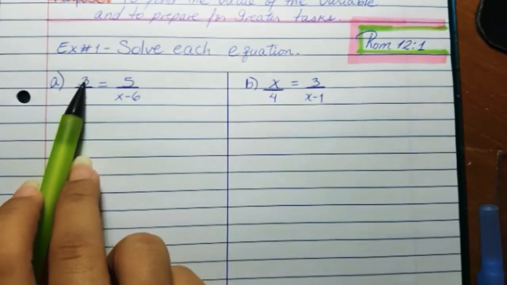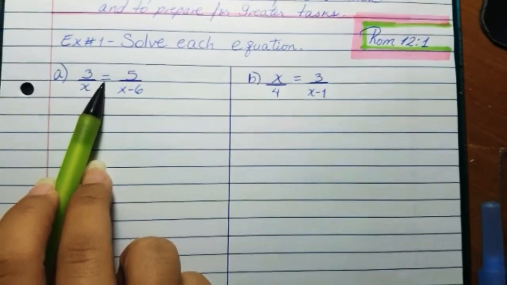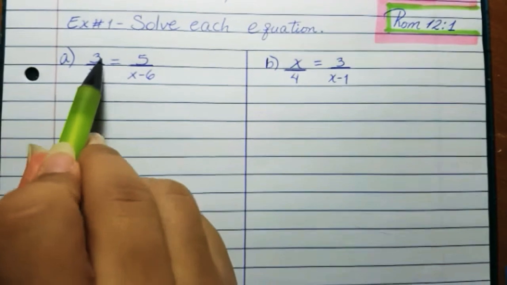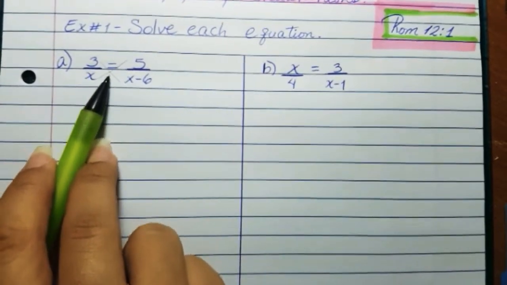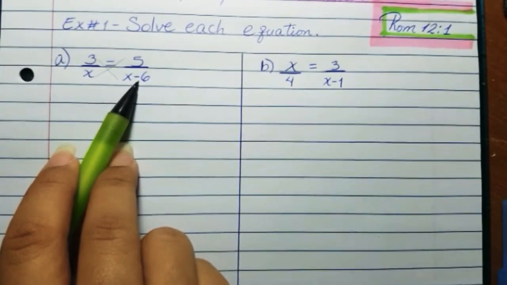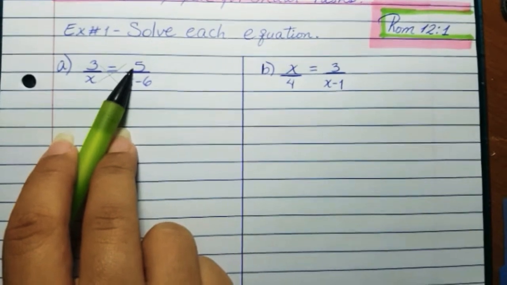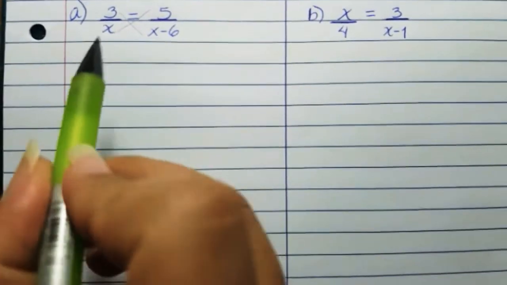If you notice, we have two fractions or two proportions that are made equal. When we have that, the process we use to solve is cross multiplication. So the 3 multiplies the x minus 6, and the x here multiplies the 5. I'm going to put it exactly like that underneath. Let's see how it works.